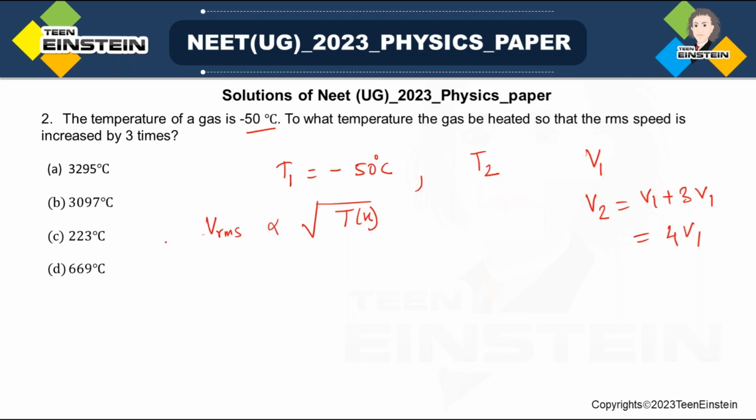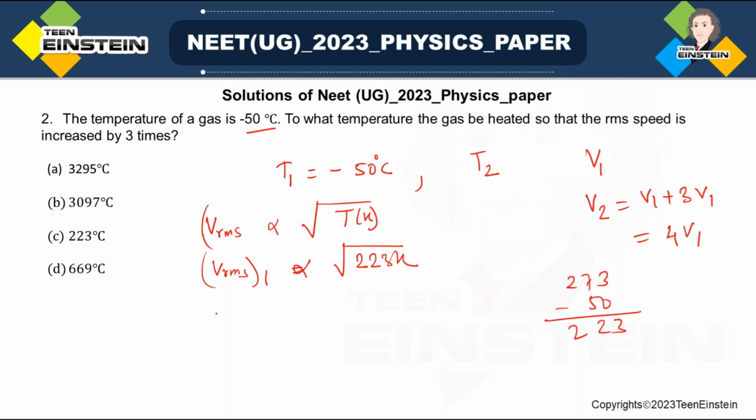Now look, for V RMS 1, when the temperature was minus 50 degrees centigrade, that is 273 minus 50, so how much do you get? 223. So this is directly proportional to 223 Kelvin. And similarly, V RMS 2 will be directly proportional to the temperature we need to find out, that is in Kelvin.